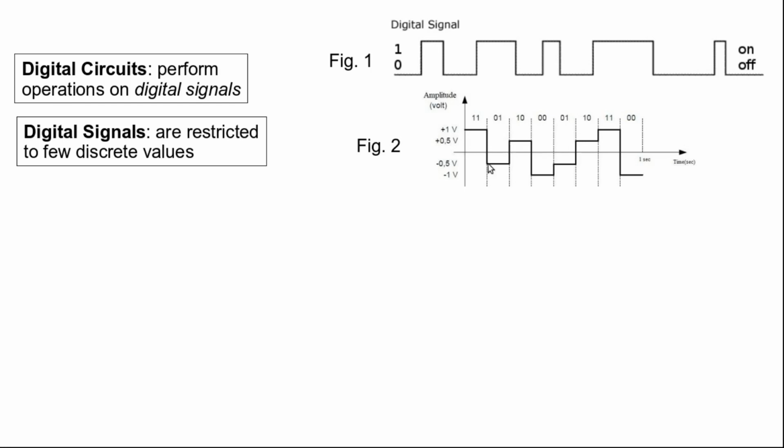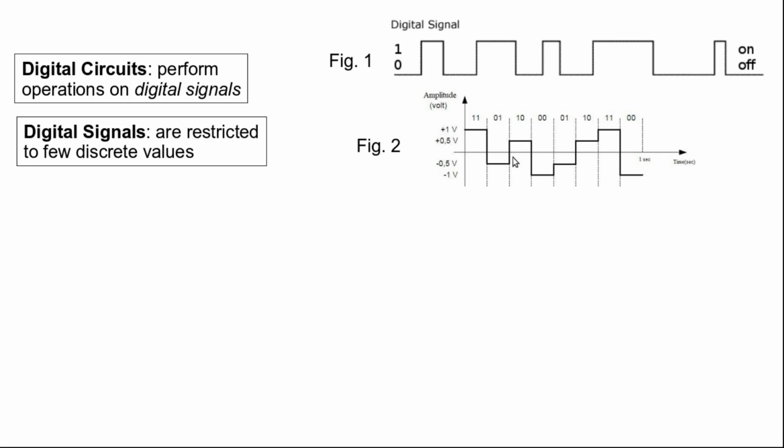The next possible value is minus 0.5 volt, and finally minus 1 volt. So now the signal can take four different values, and hence it cannot take an infinite number of values but only a few discrete values. It still is a digital signal.